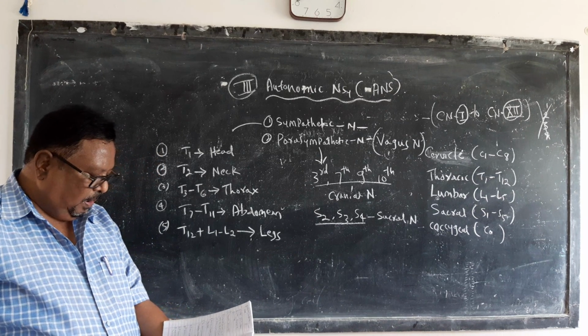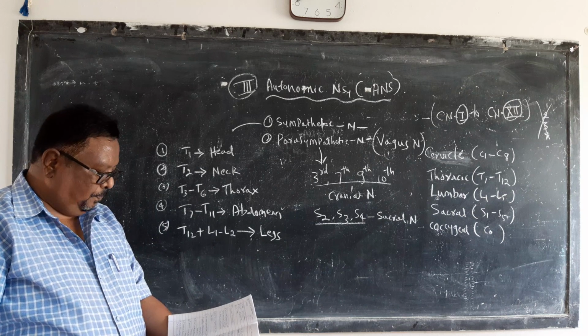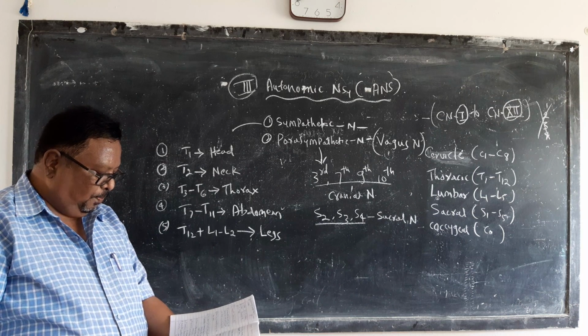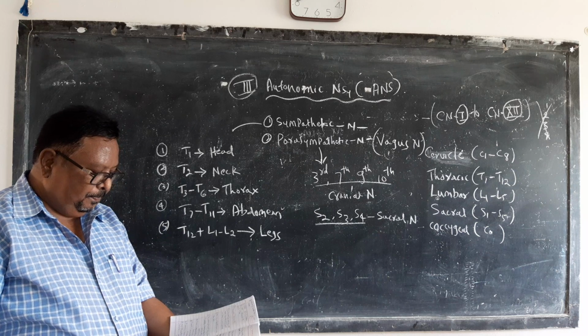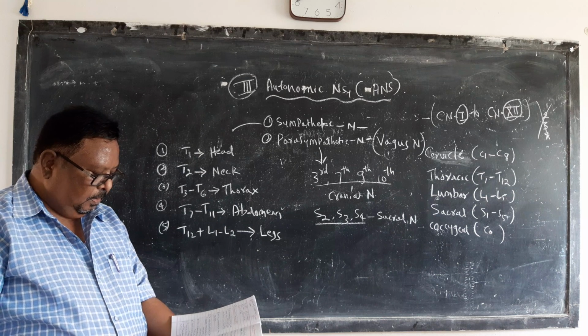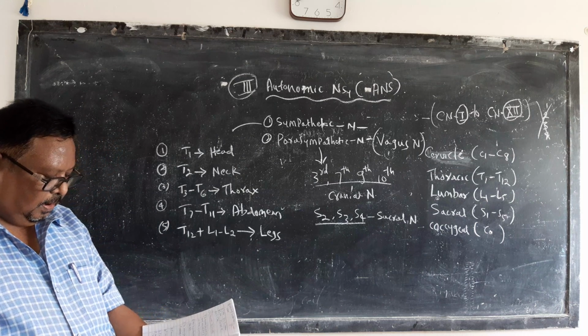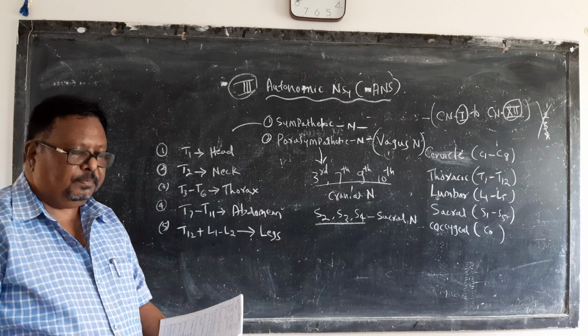The sacral parasympathetic nerves, S2, S3 and S4, supply the pelvic region: descending colon, rectum, urinary bladder, uterus and external genital organs.